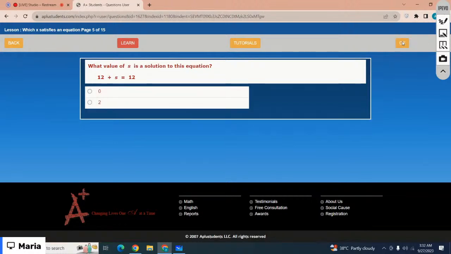What value of s is a solution of the equation? So which is the correct option?